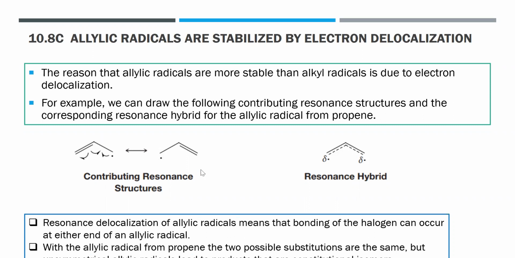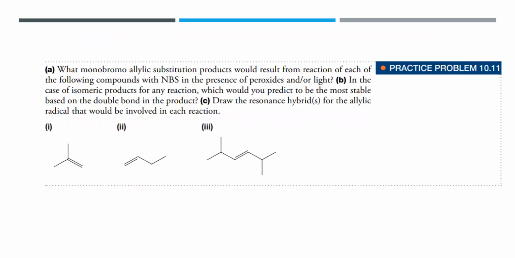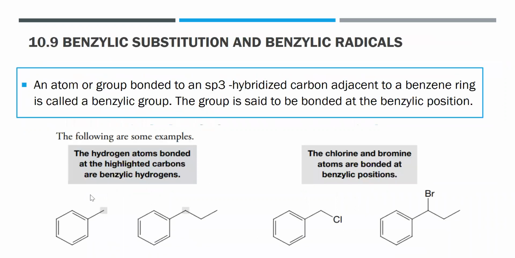But for this case, since it's symmetrical, it's only the same, so you only get one allylic alkyl halide. But in the case of a different structure, like this case, one of this, two of this, then you get different products.